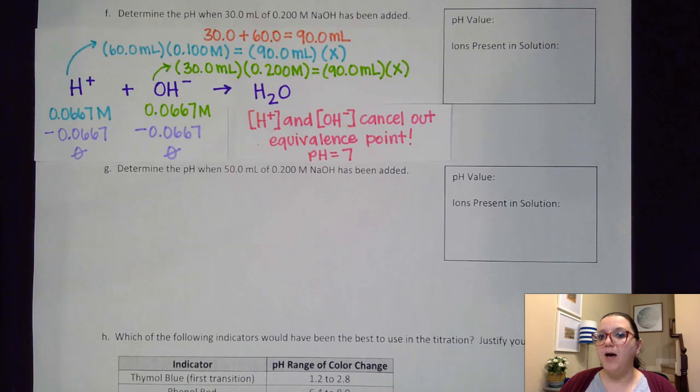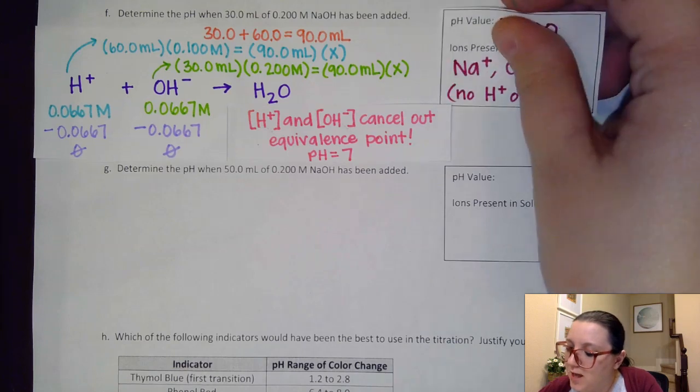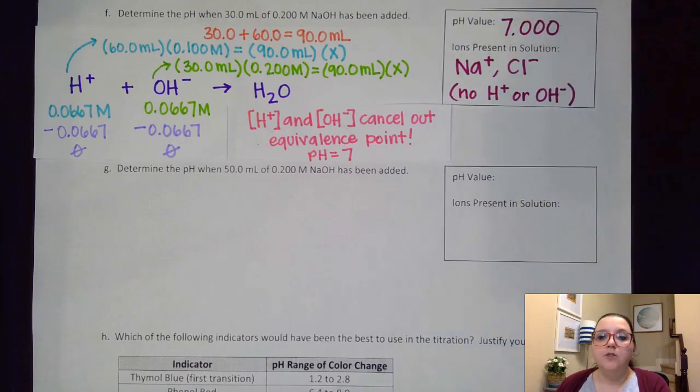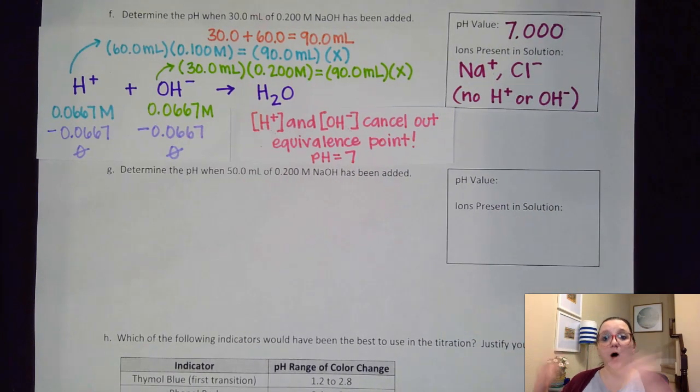Now let's think about our ions present for a moment. We know we're going to have our spectator ions. We know there's sodium and chloride floating around in that solution. But think what else happens. There's going to be no H or OH. Why? They've canceled each other out.